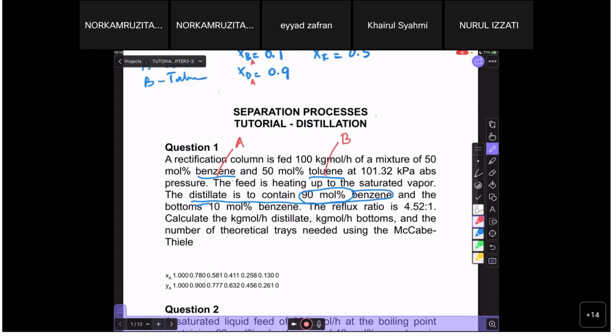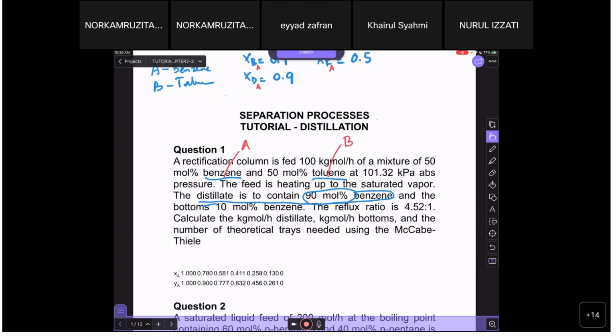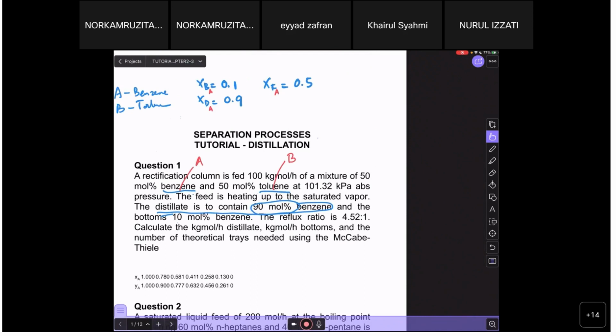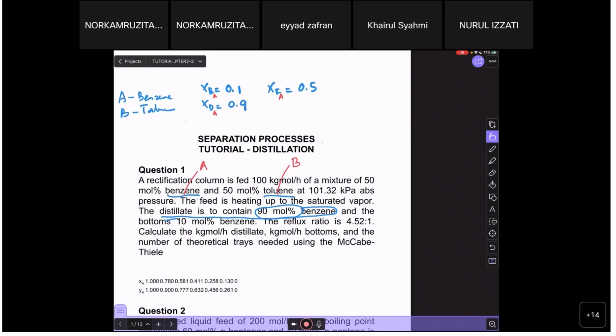Your feed consists of 50 mole percent of benzene and 50 mole percent of toluene. So we need only benzene here. When you have this information already, you are given the reflux ratio in this question.